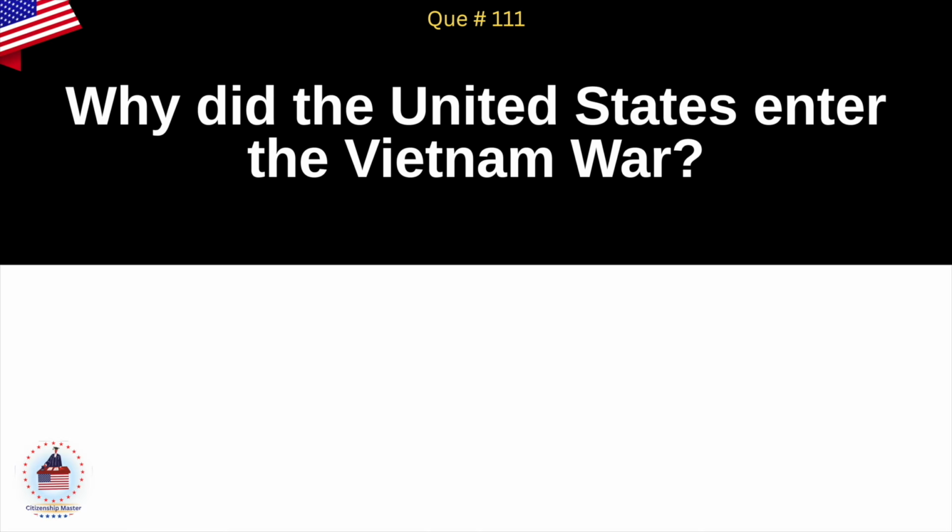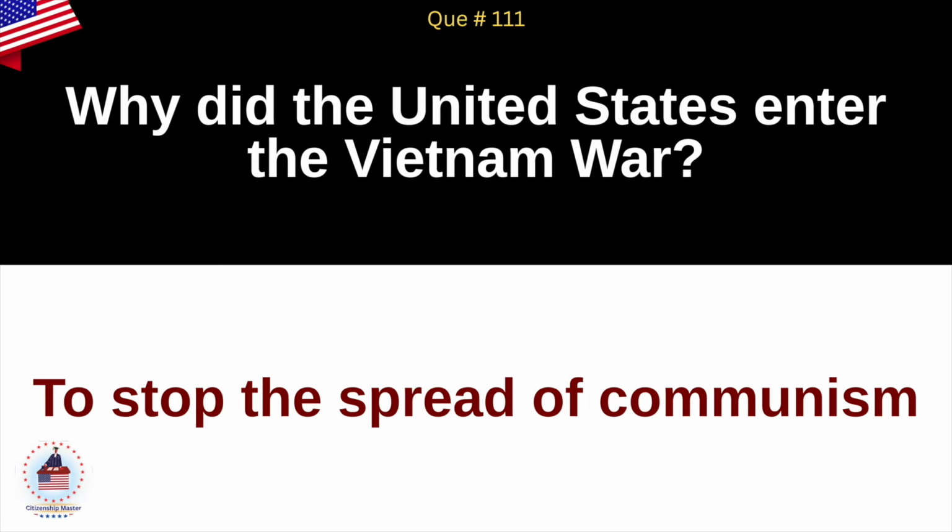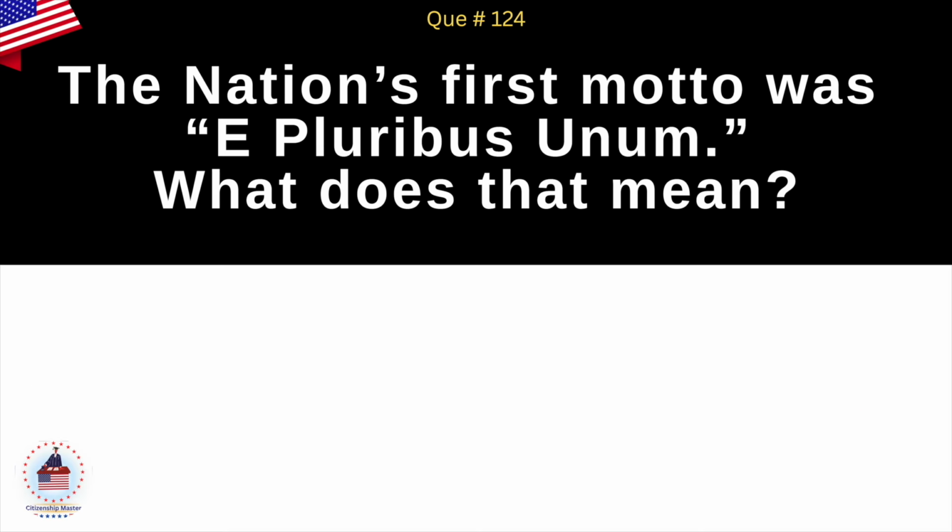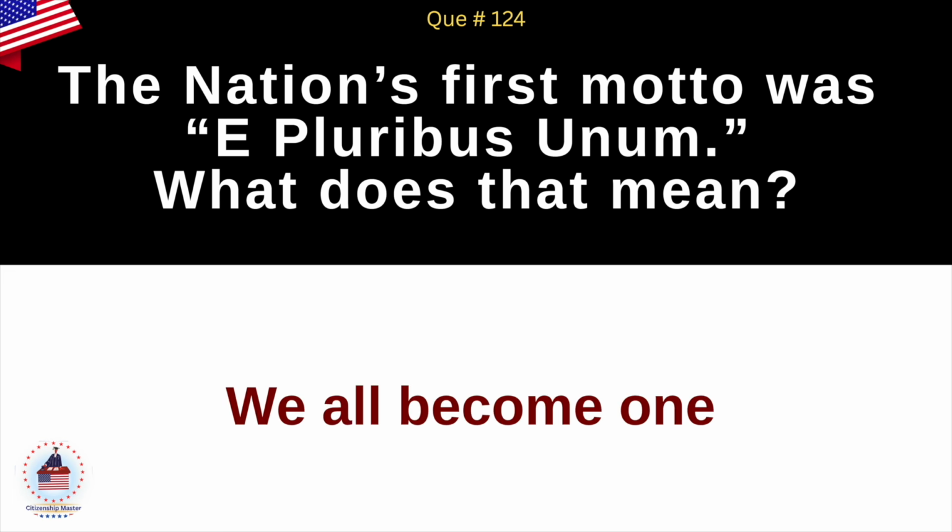Why did the United States enter the Vietnam War? To stop the spread of communism. The nation's first motto was E pluribus unum. What does that mean? We all become one.